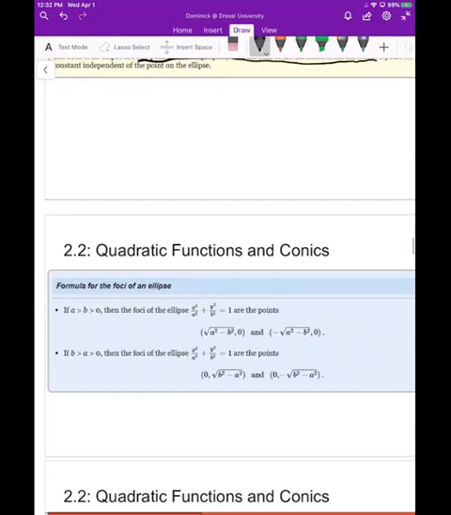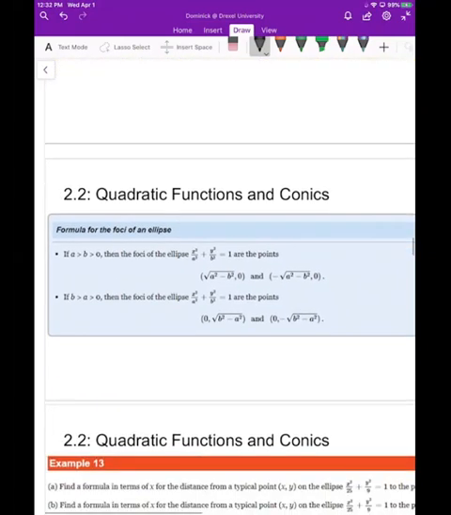To find the foci of the ellipse, you get these 2 points here. Basically, you're finding the square root of a squared minus b squared, and you use the plus and minus version of that for your x coordinate. And if your b is bigger, it goes in the y coordinate, and you just change the order.